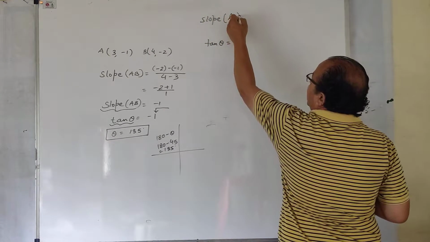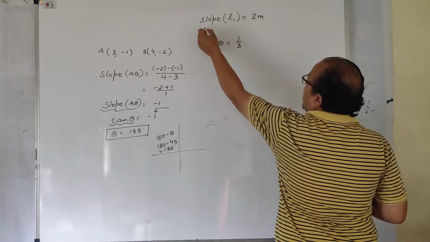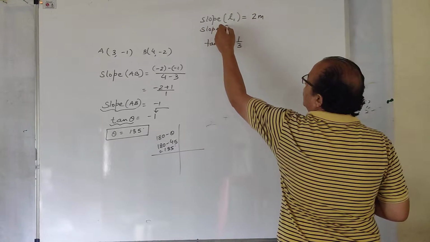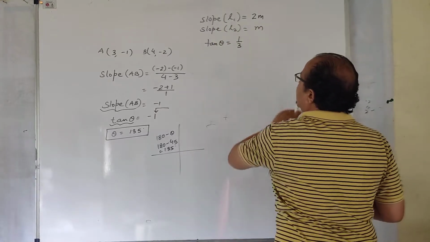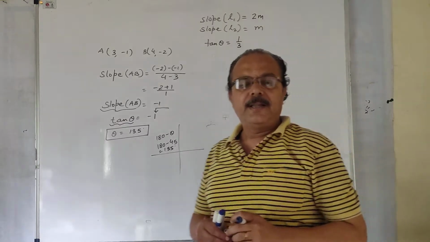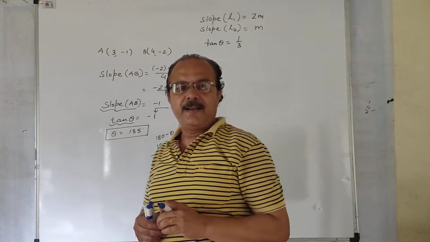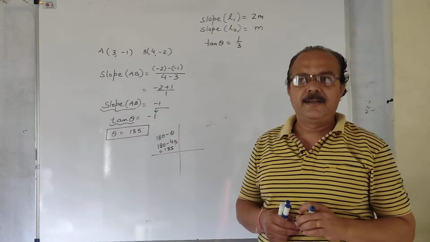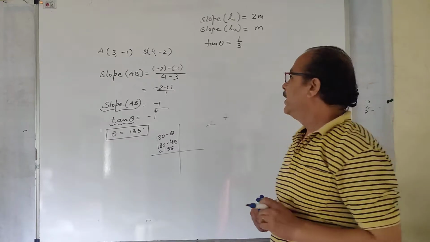Slope of line 1 is 2m. Slope of line 2 is equal to m. Why is it like that? Because it is given in the question that the slope of one line is double the slope of the other line, and the tangent of the angle between them is 1/3.